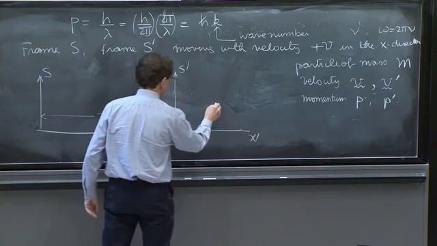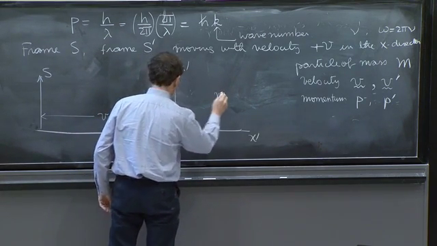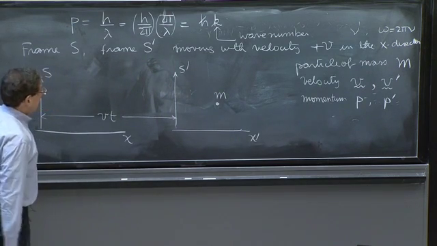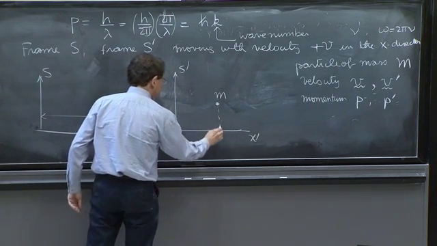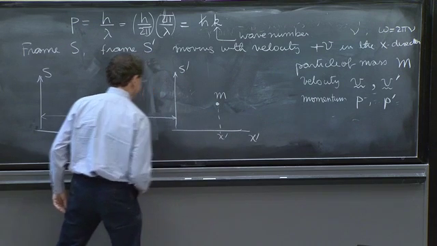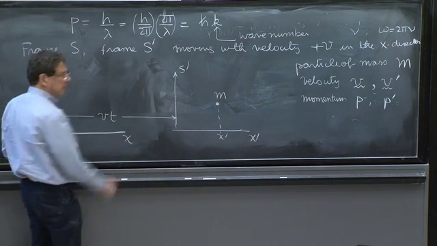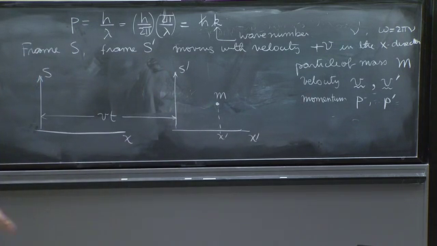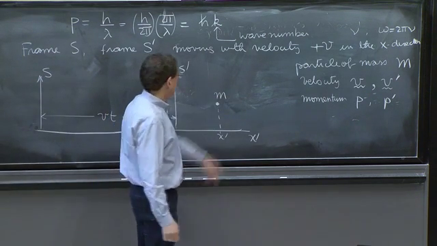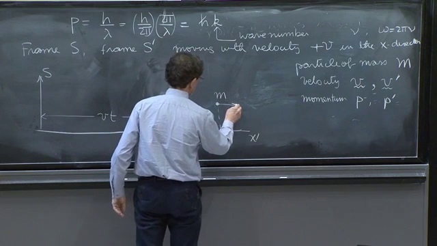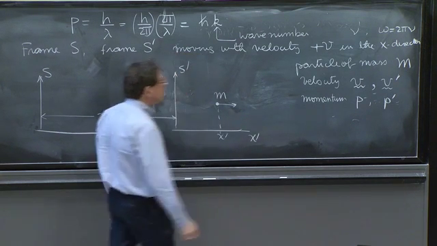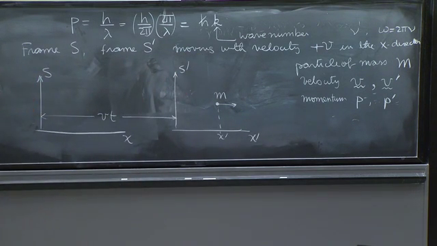Here is the particle. And that's the position x prime of the particle. And that's the position x of the particle. So that's our system. This particle is moving with some velocity over here, and we're going to compare these observations.